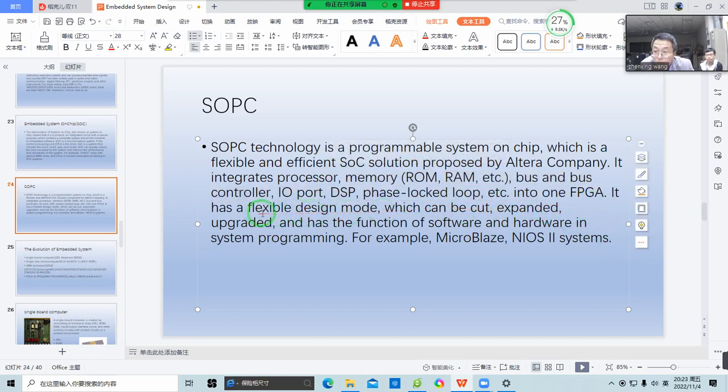So FPGA includes all these kinds of devices inside its body, inside the chip. It has a flexible design mode, which can be cut, expanded, and updated, and has the function of software and hardware in-system programming. In the advanced course of our training, you will learn how to use FPGA to design a product. I have a contract with some Taiwan company.